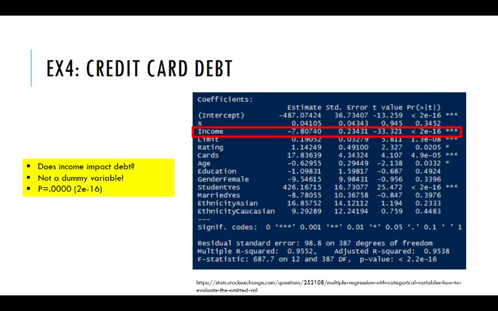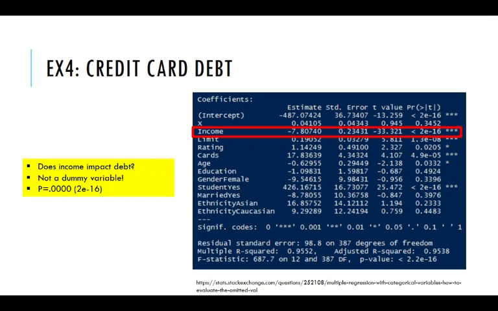Again, remember our null hypothesis is that beta equals 0. We see that this is highly significant, so we can interpret this. Remember, if it's not significant, the coefficient is like being 0, and we don't interpret it. But here it's highly significant.